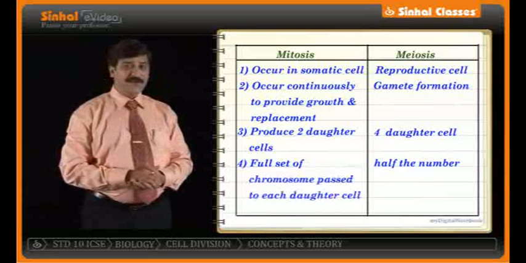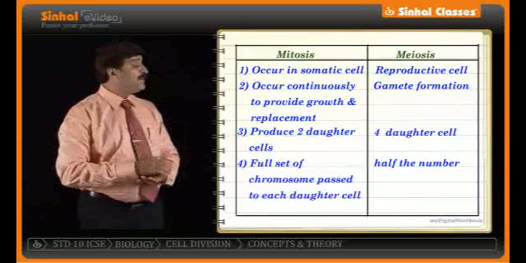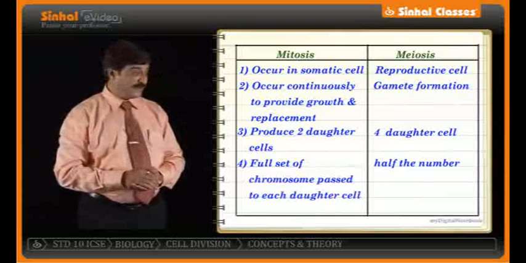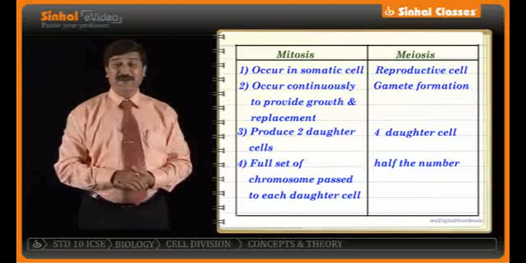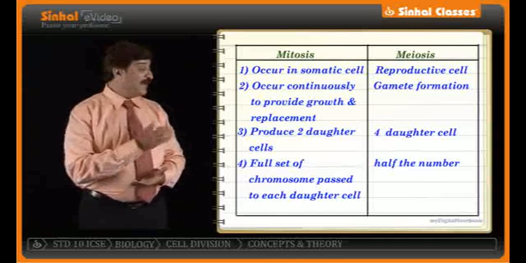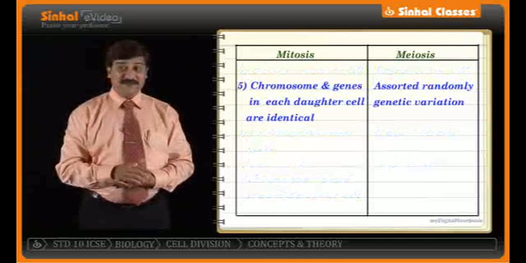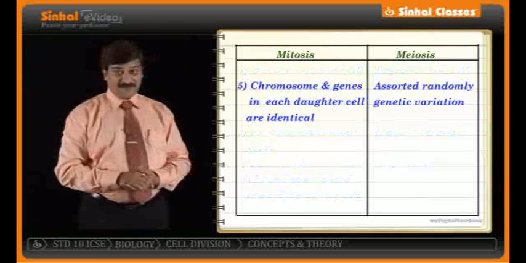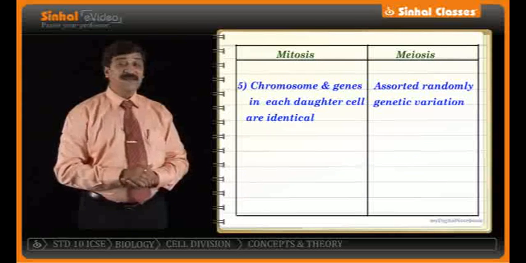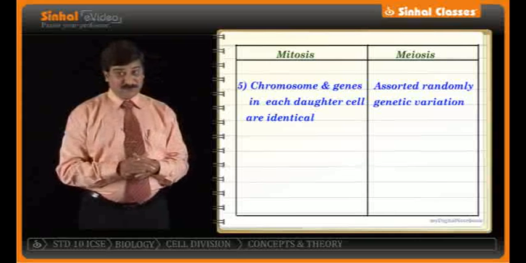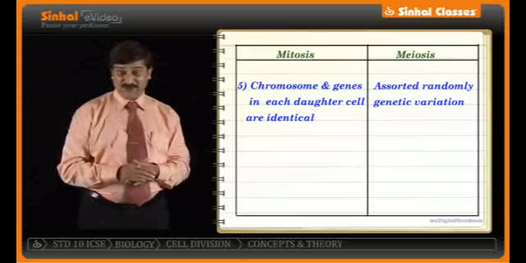The fourth point for comparison is that the full set of chromosomes is passed to each daughter cell in mitosis. In meiosis, half the number is passed. The fifth point is that chromosomes and genes in each daughter cell are identical. In meiosis, they are assorted and random. So there is genetic variation.